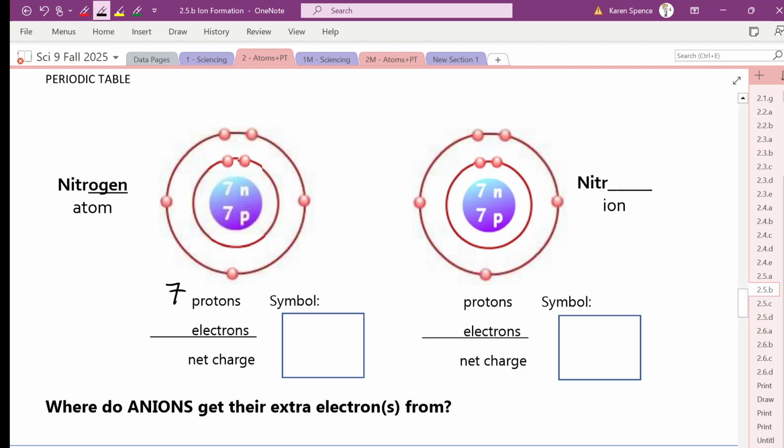It has 7 protons. And remember, one thing that can help is to draw a little box where you have gaps. You don't have to do that, but it can help you to see how many electrons you might need.